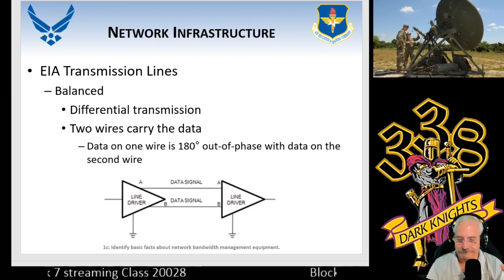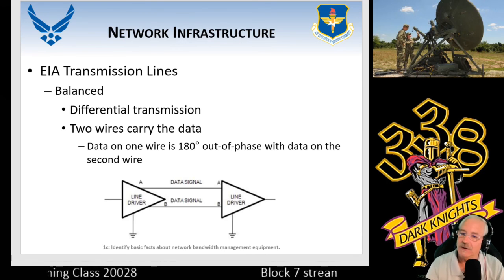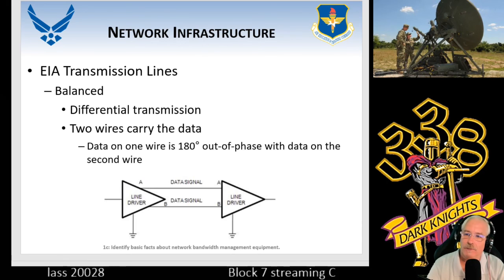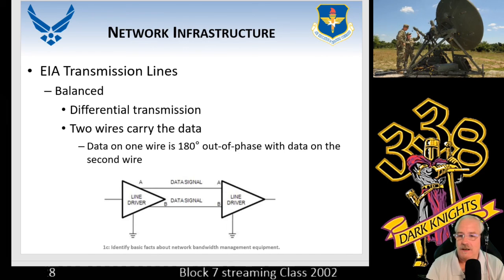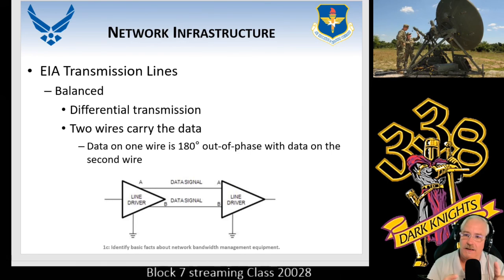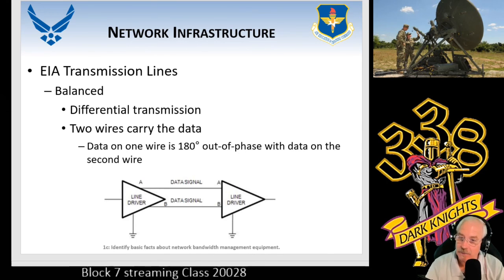Now, for someone that has seen that particular thing, the closest thing we can relate it to is the signal plus noise to noise ratio check on the PRIC 113s. You guys should be familiar with that. With the PRIC 113s, for that signal plus noise to noise ratio, you take the signal and it has the noise, you run it through a filter to cancel the signal out, and then you measure the noise.